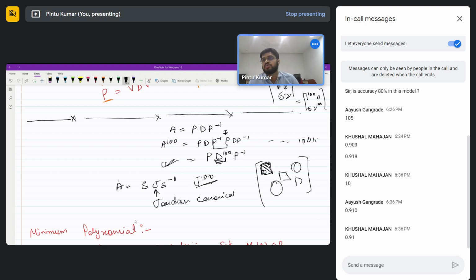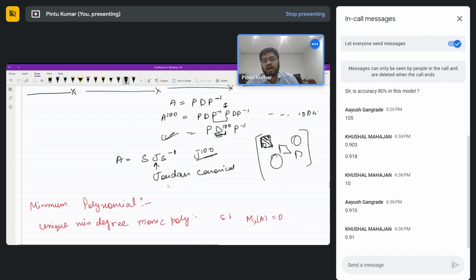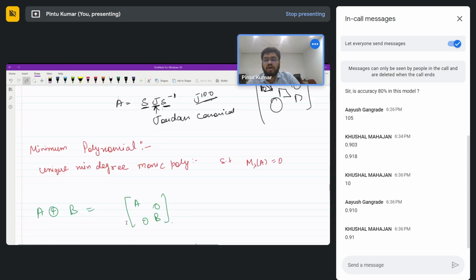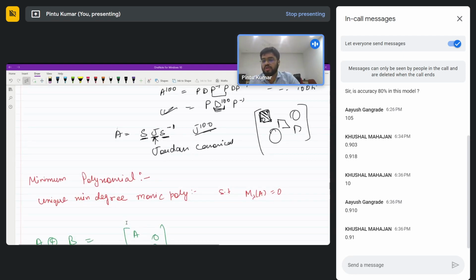So what we want to do is, if we are not able to represent A as P, diagonal matrix, P inverse, at least we can do something like S, some matrix which is close to diagonal, and S inverse. To do that, we go for Jordan canonical form.